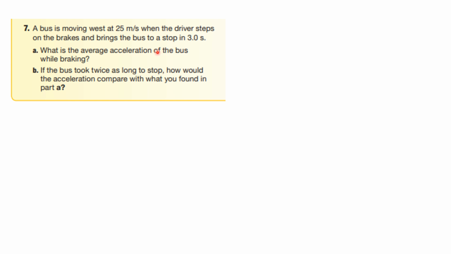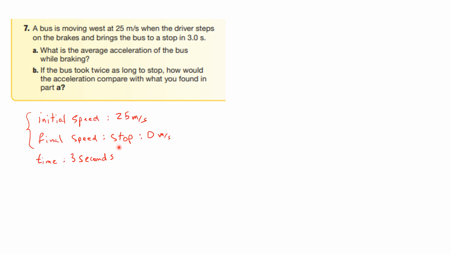So what's the average acceleration in this case? Here the initial speed is 25 meters per second, and the final speed is 0 because they told us that the bus stops. So of course the velocity in this case is 0. And the time for that scenario is 3 seconds. So question 1, what's the average acceleration?